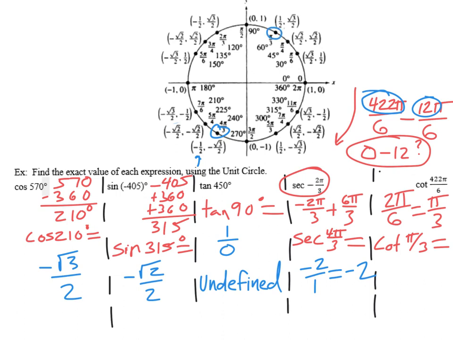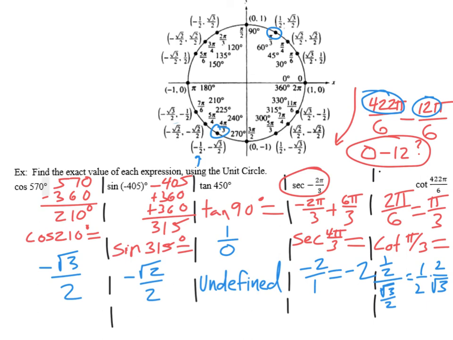Here's pi over 3, right? Cotangent is x over y. I'll do a little keep switch flip.